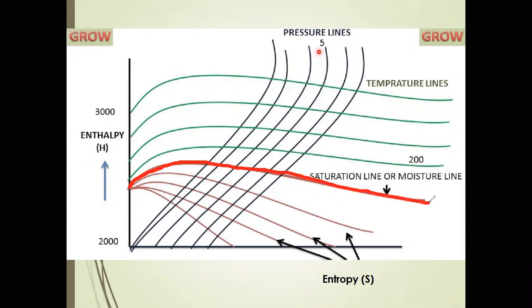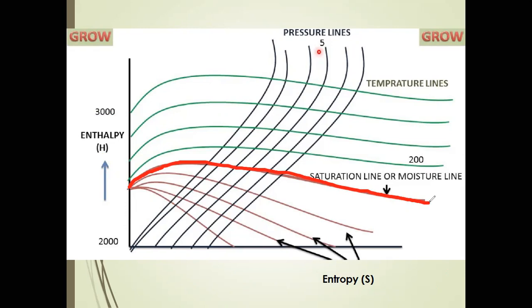We all know that there are three types of steam: dry steam, wet steam, and superheated steam. Among these three, dry steam is in between.